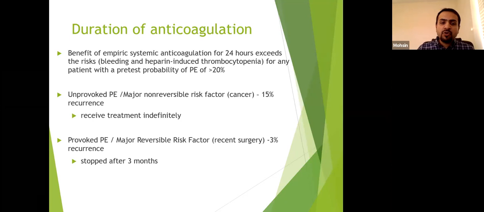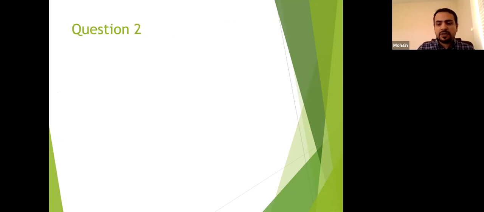If it's a provoked PE, so you have a reason, someone who had a long flight or who was immobilized due to long surgery or whatever underlying cause it is, then your chance of having a recurrence is 3%. You can stop the treatment after 3 months, and that's what the guidelines say.